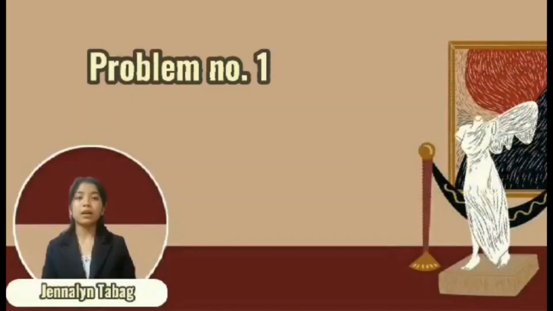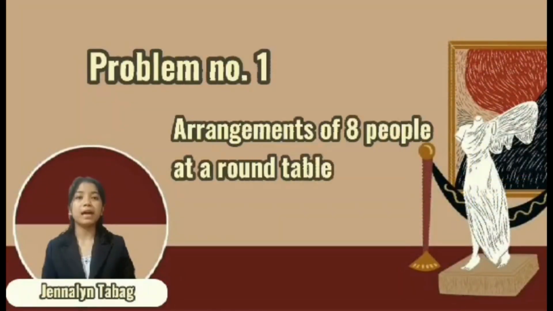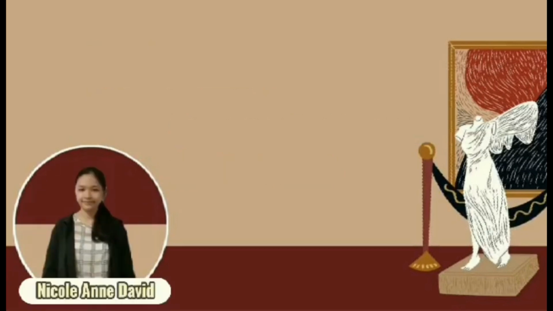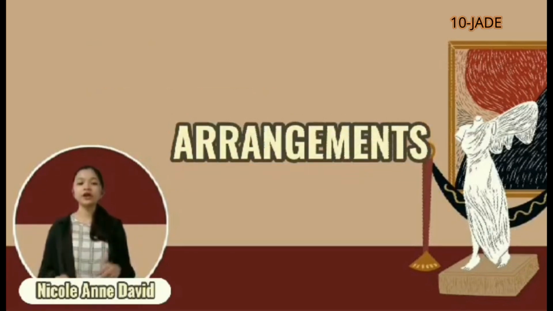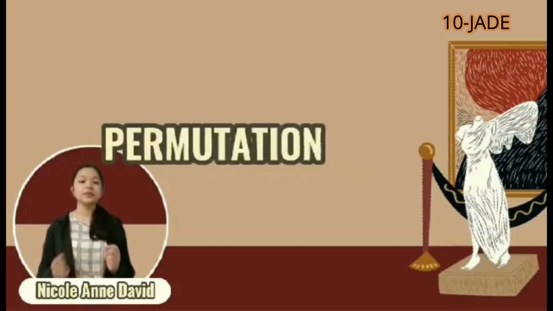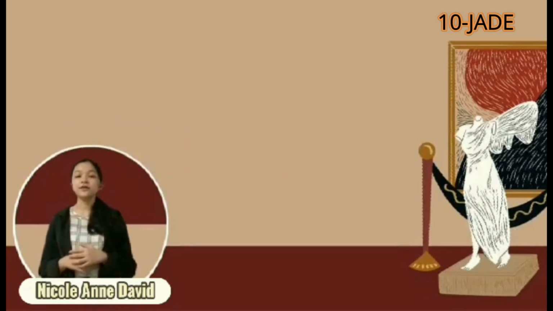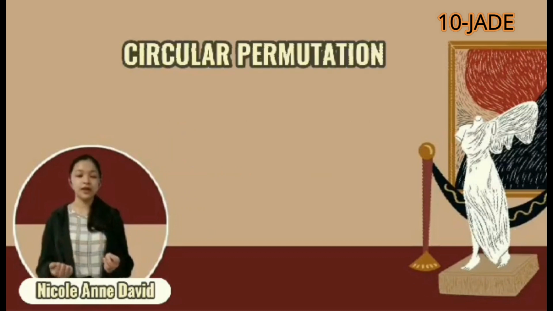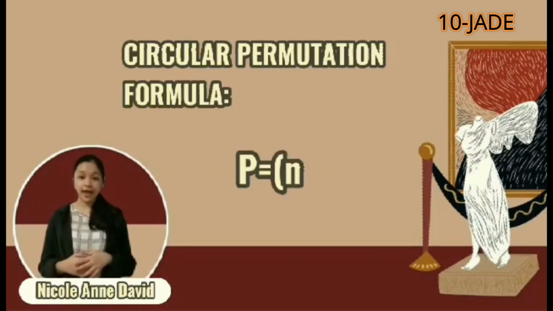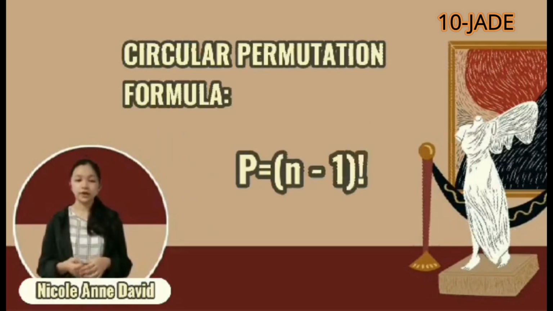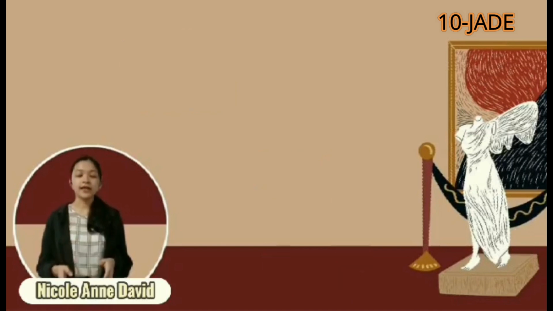Problem number 1. Arrangements of 8 people at a round table. In this problem situation, we have the keyword arrangement and the order does matter. Therefore, this is a permutation problem. We can solve it using the circular permutation formula, permutation of quantity n minus 1 quantity factorial. Because of the word round, our n is equal to 8.